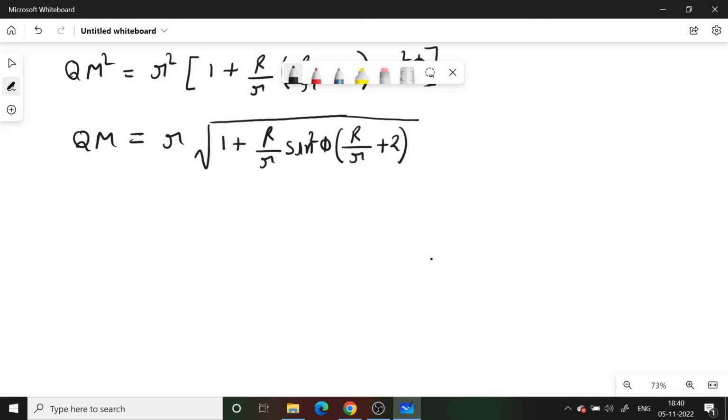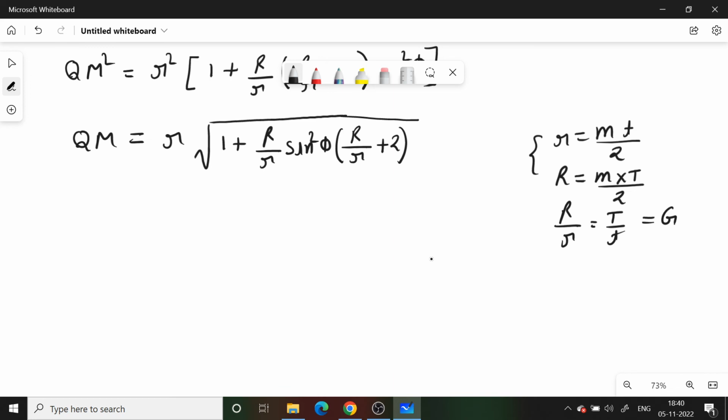Now we know that small r is equal to module m into number of teeth t divided by 2, and capital R is equal to module into total number of teeth on the wheel divided by 2, and capital R upon small r is equal to capital T upon small t, or the gear ratio.